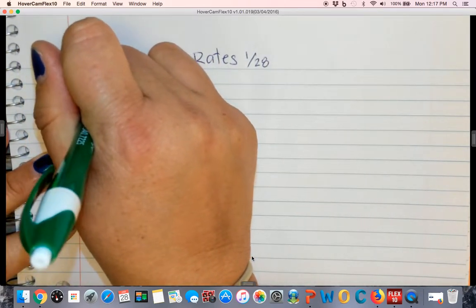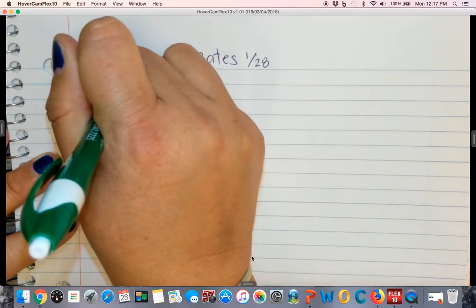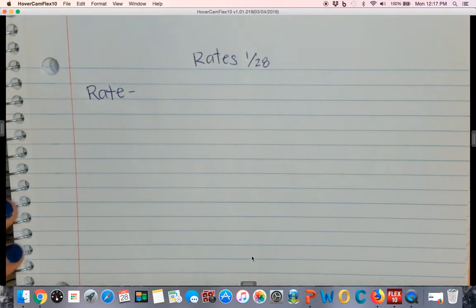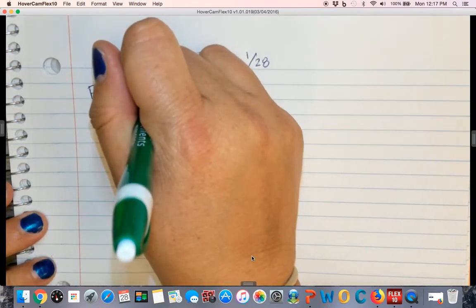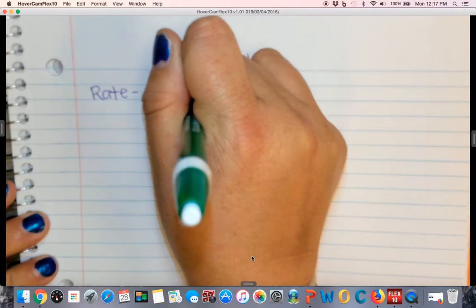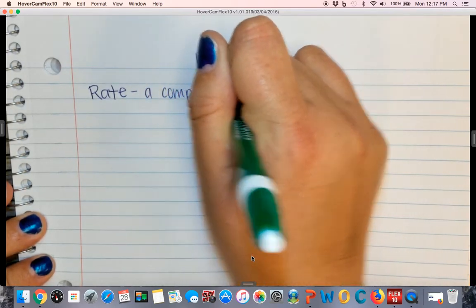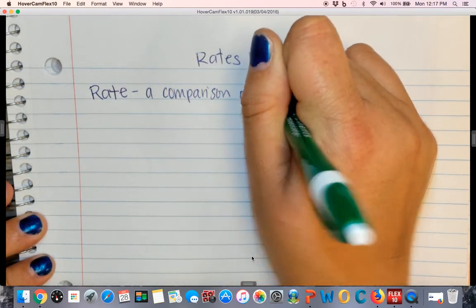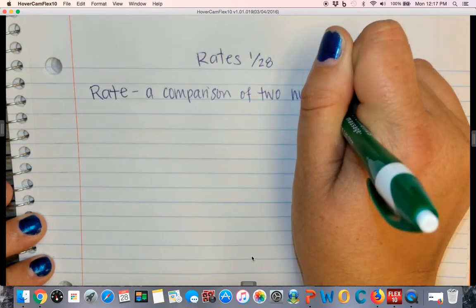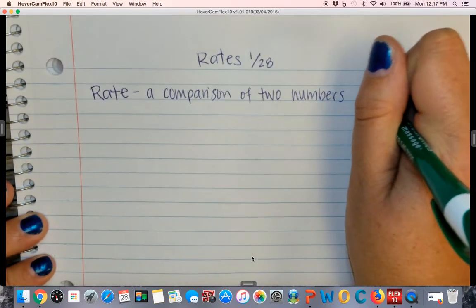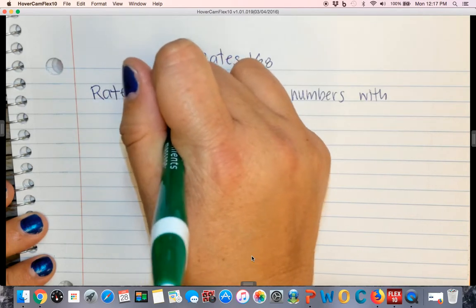A rate is a comparison of two numbers with different units.